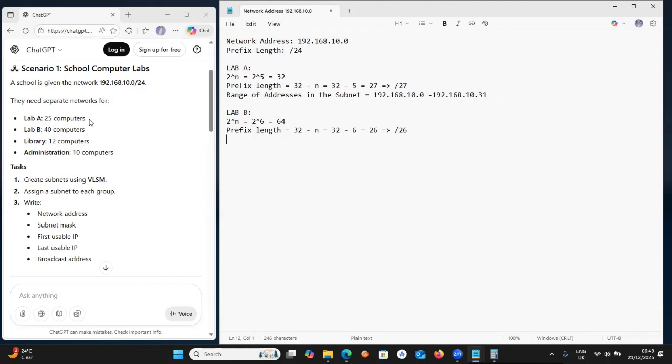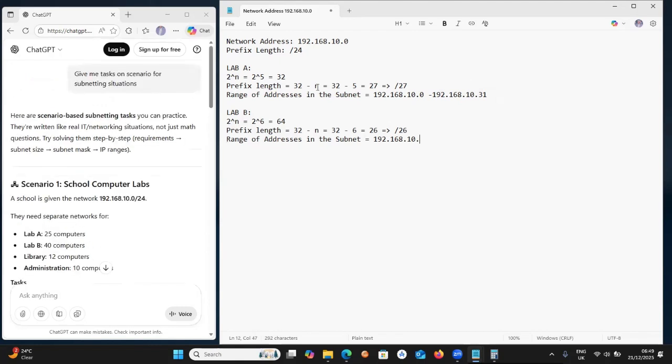Now for /26, the range of addresses in the subnet will now be 192.168.10. This time around it will start from where the last one stopped, so that will be 32.